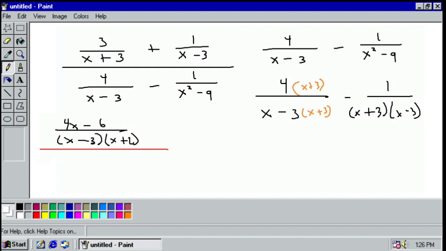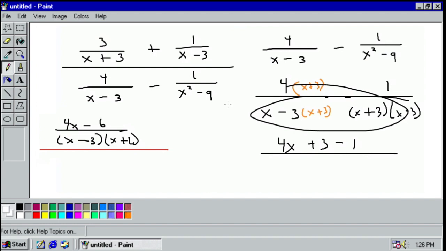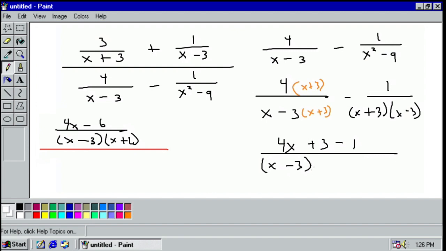So we can distribute 4x. 4 times x is 4x.